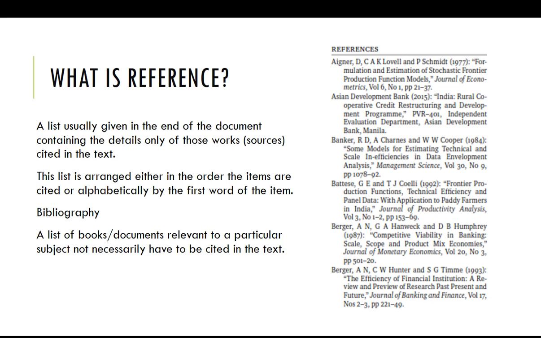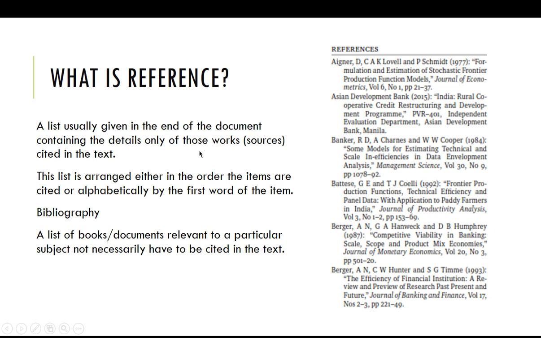A little bit more detail we have to provide, so that the reader, if they want to identify a particular bibliographic work, can locate it by using some bibliographic elements. So what is a reference? A list usually given at the end of the document containing the details only of those works cited in the text.